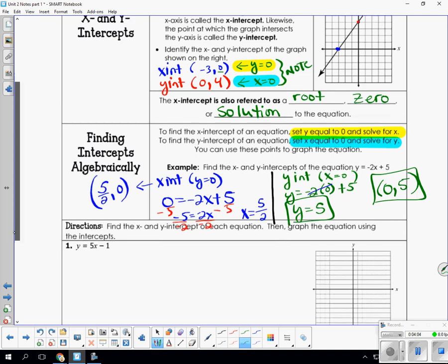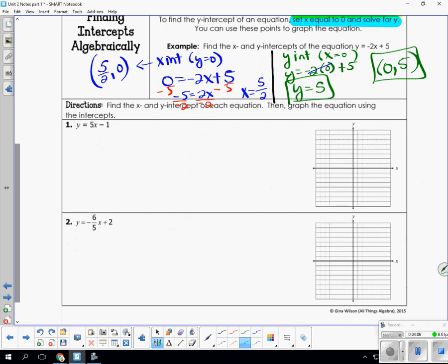All right, so let's take a look at our examples here. They want us to find the x and y-intercept of each equation, and then they want you to graph it using our x and y-intercept. So let's find our x-intercept by setting y equal to 0. So we have 0 equals 5 times x minus 1.